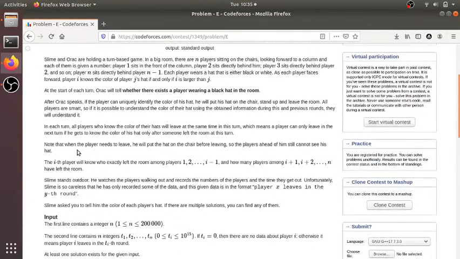Can they talk to each other? I don't understand it. Behind him they can see his hat, right?